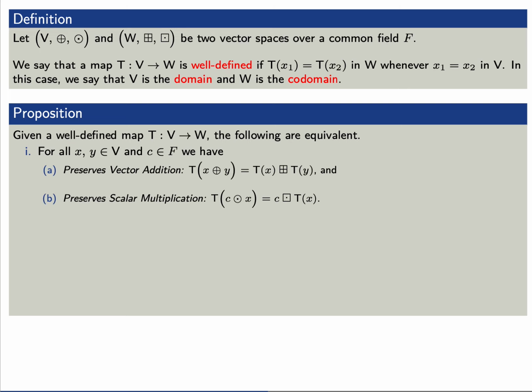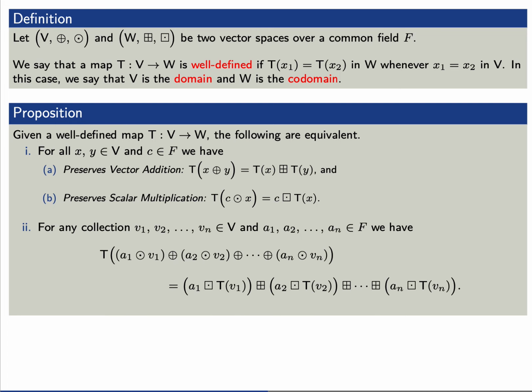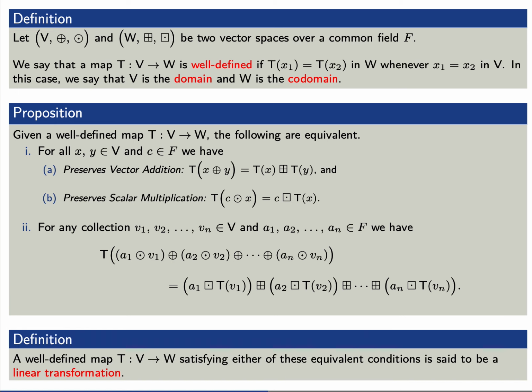That is, T preserves vector addition and preserves scalar multiplication, or for any linear combination, T will map that to another linear combination. Any well-defined map satisfying either of these is said to be a linear transformation.